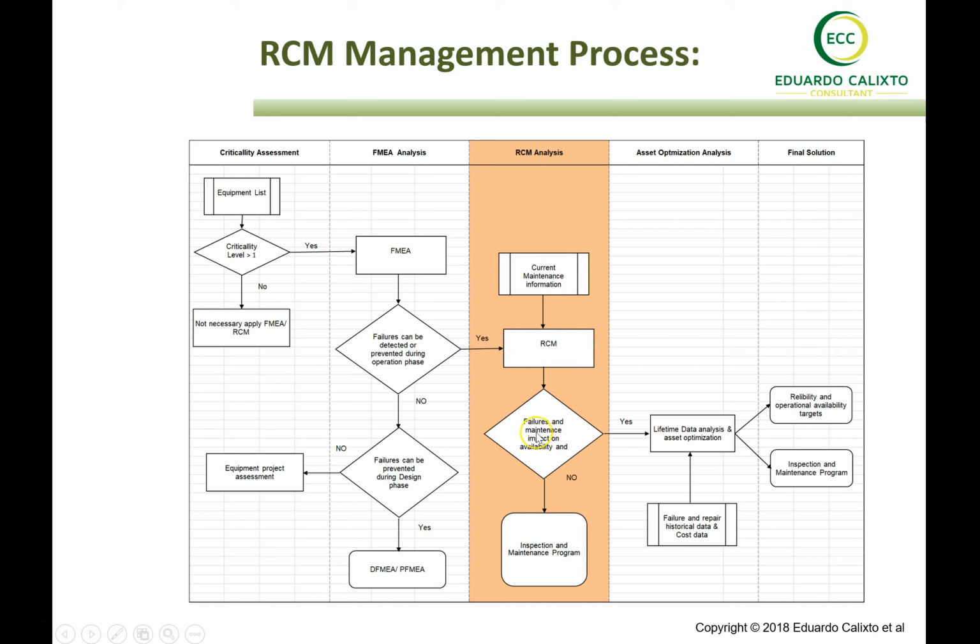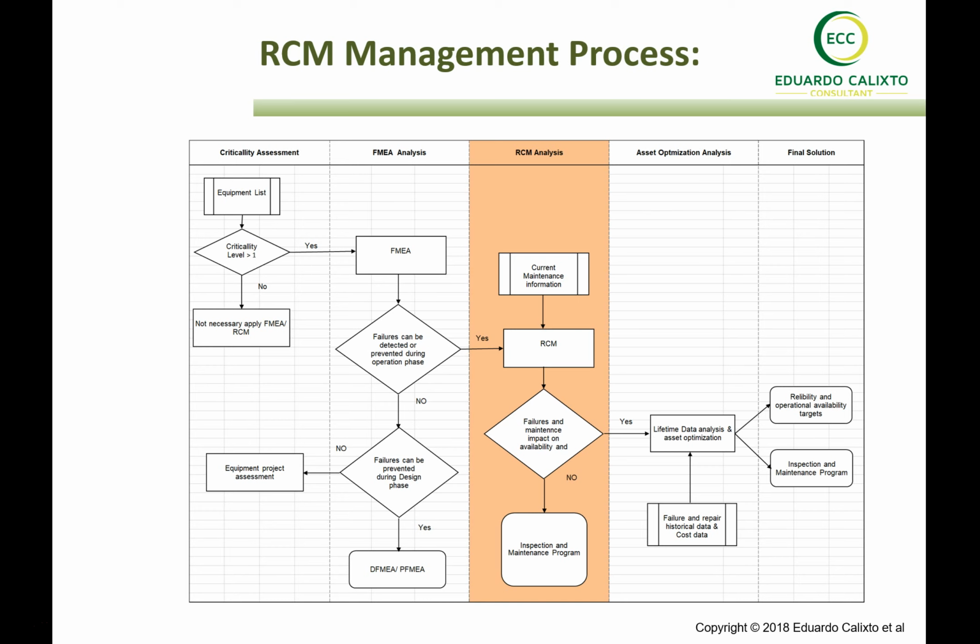So we need to take into account the failures and maintenance that can impact operational availability and reliability, and such failures need to be assessed in terms of quantitative analysis. So the RCM has as its main input the FMEA analysis, and the output of the RCM is the assessment of the impact of such preventive maintenance on asset performance.